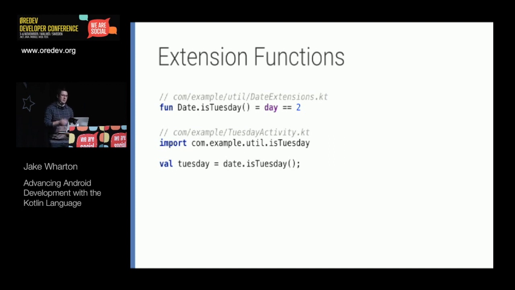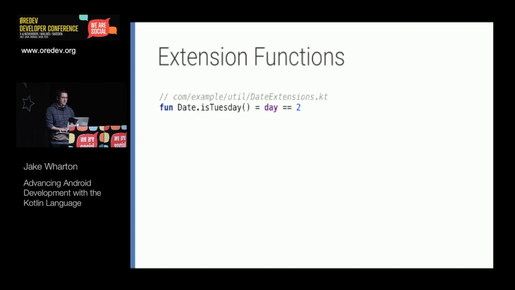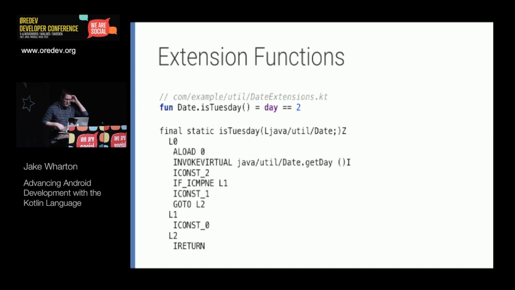And of course, you can press Command B and step into this method. It behaves just like it was a method on the date type. So let's see. This basically is what the bytecode is going to look like when the Kotlin compiler runs. Because obviously this has to turn into Java code, right?